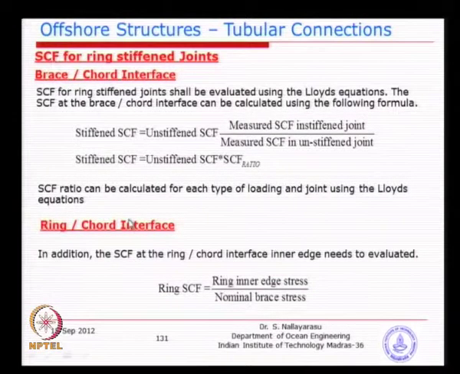So basically the stiffened SCF is the unstiffened SCF multiplied by the ratio of measured SCF, where you can do a measurement or an FE analysis, of stiffened joint versus unstiffened joint.